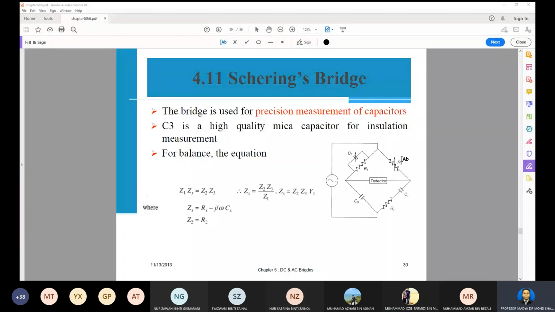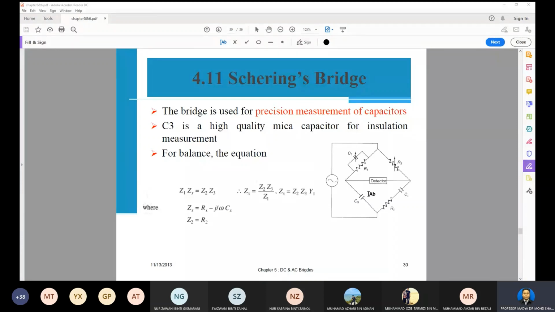Before this we wanted to measure the inductor, but for the Schering bridge you want to measure the capacitor. So C3 will be the capacitor.